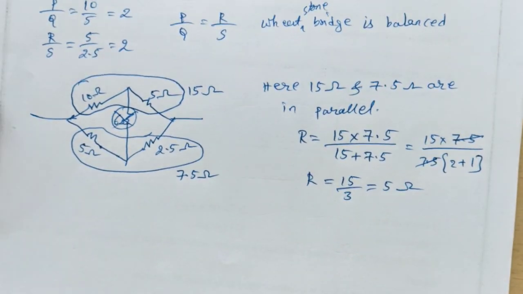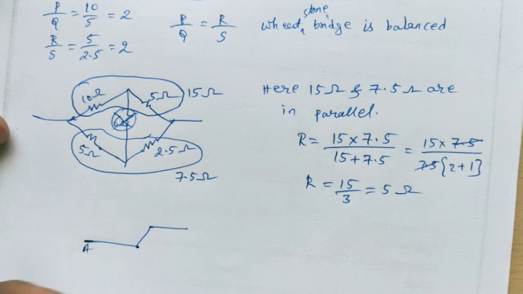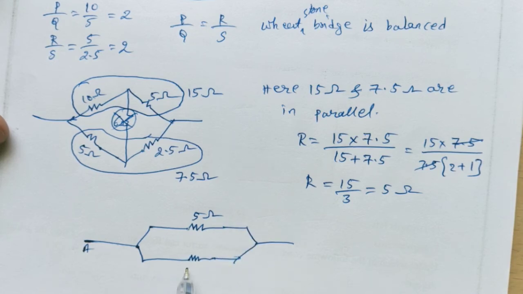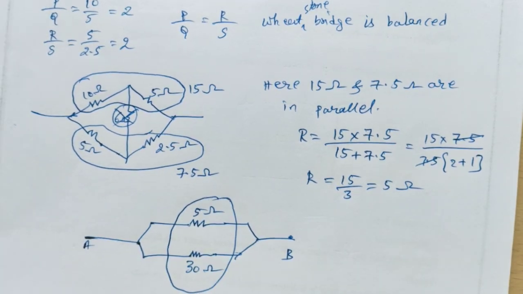Now one more equivalent circuit I am drawing for you. So actually this is A. In the upper portion, we observed completely 5 ohms. In the bottom or lower portion we got 30 ohms. This one is B. So now observe, these two are in which combination? Parallel combination.